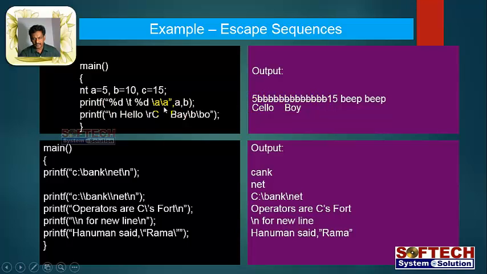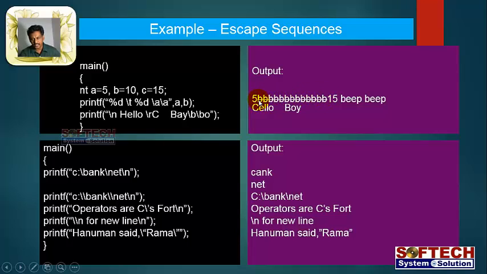So the display is like this: first it displays the value of a, 5. Then here we use \t, so it displays some blank spaces, then it displays 15. How many blank spaces? After 5, it gives 15 blank spaces.